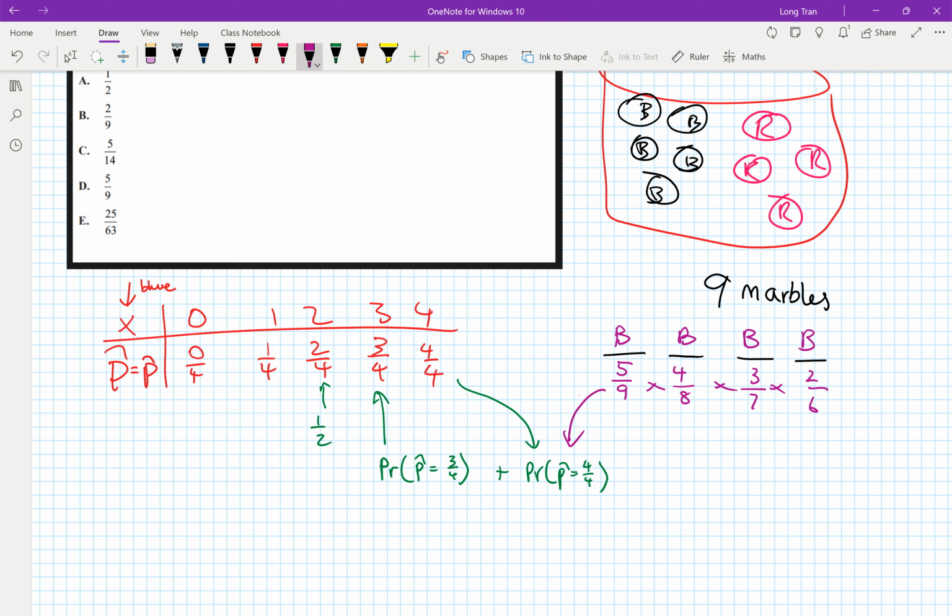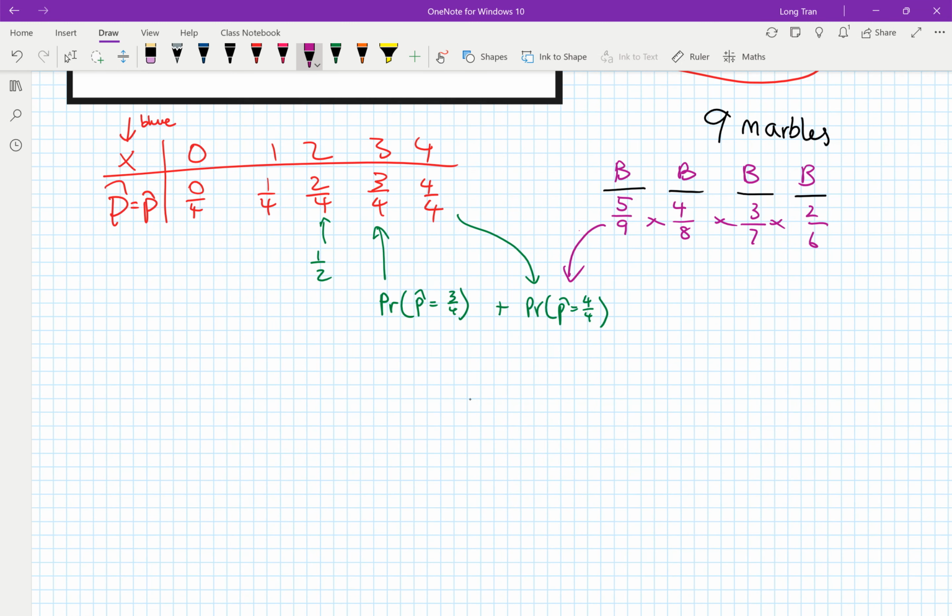But the second one is a bit trickier, because to get three of them to be blue, so blue, blue, blue, and then red, that's not the only combination. You could have got red, blue, blue, blue. You could have got blue, red, blue, blue, and there's probably another orientation of that happening.